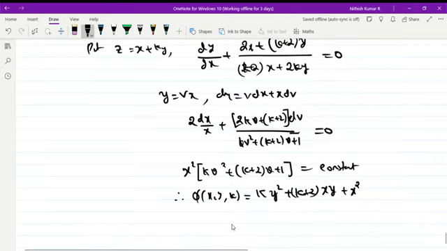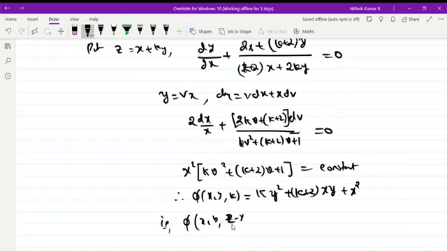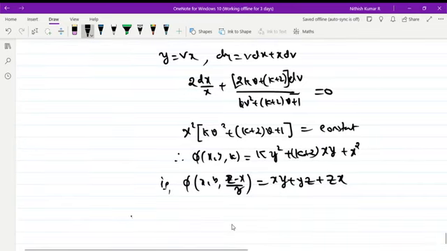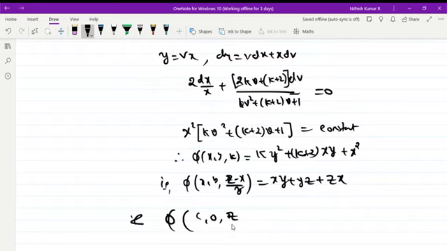Here I resubstituted v = y/x. Now phi(x, y, (z - x)/y) equals xy + yz + zx, and phi(c, 0, (z - x)/y) will be equal to some c^2.